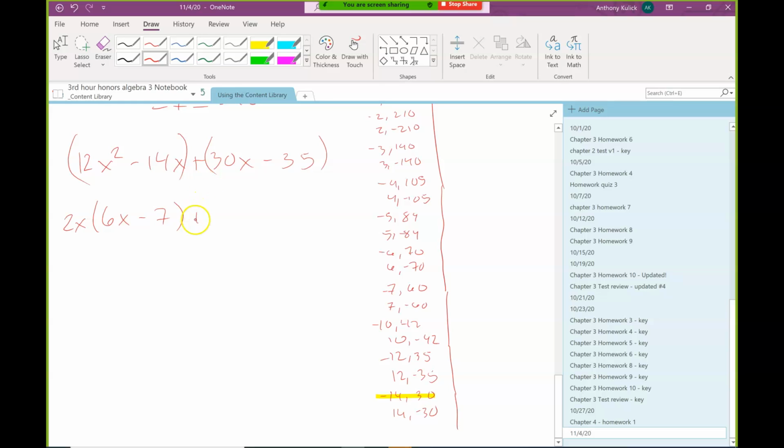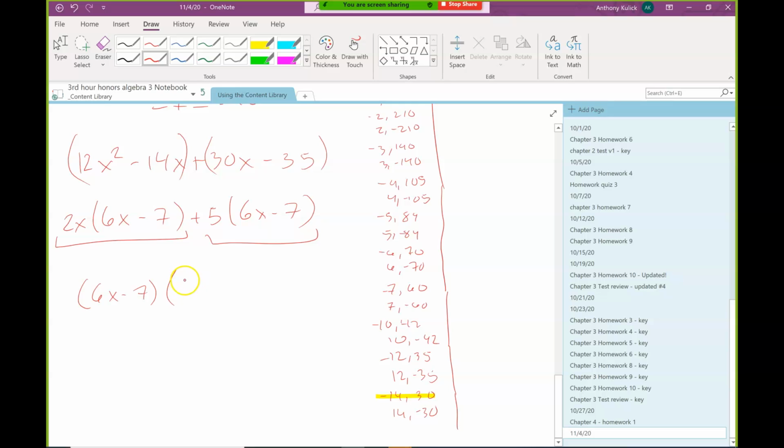If you've done this correctly and chosen the correct two numbers, the two parentheses there should be identical, like we have. So then if I look at these as each their own separate thing, what's the greatest common factor? 6x minus 7. When we factor that out, what's left? And that's our final answer.